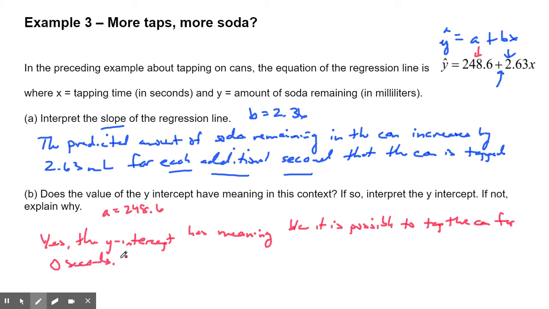And again, if it didn't have meaning, I would say no, the y-intercept does not have meaning because it is not possible to tap the can for 0 seconds, something like that. And now, because it does exist, we have to briefly interpret it.